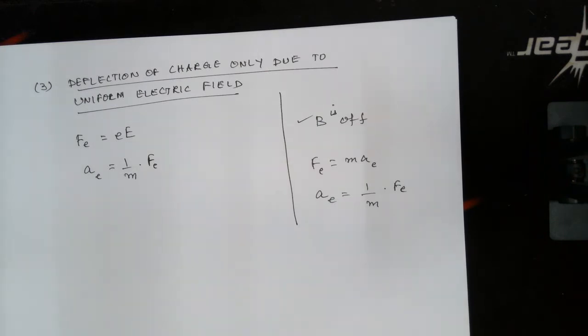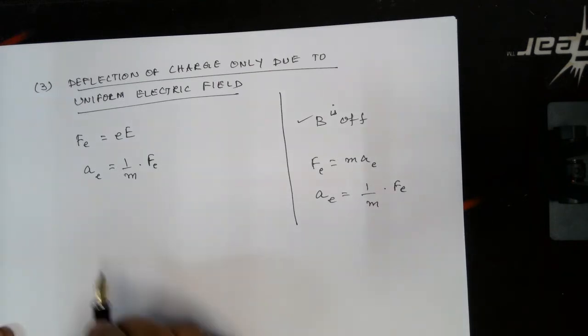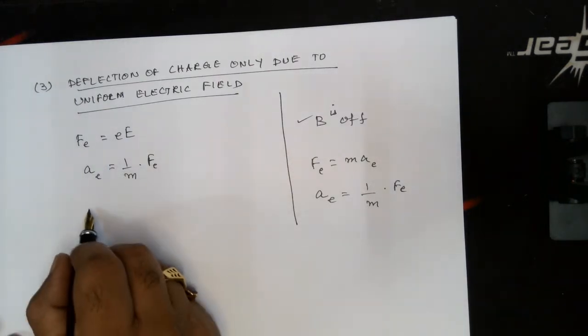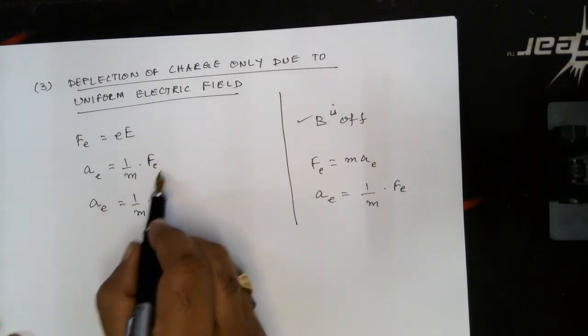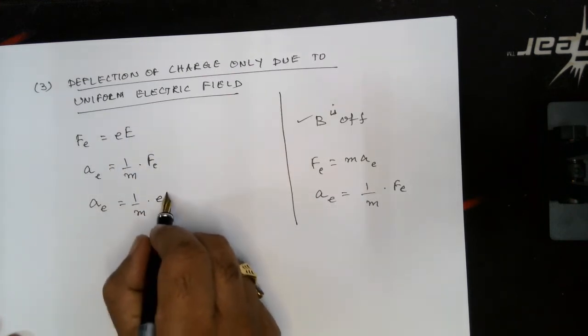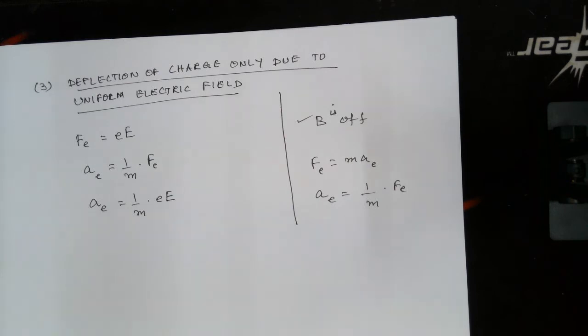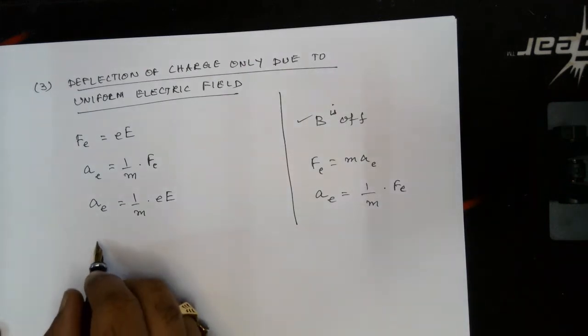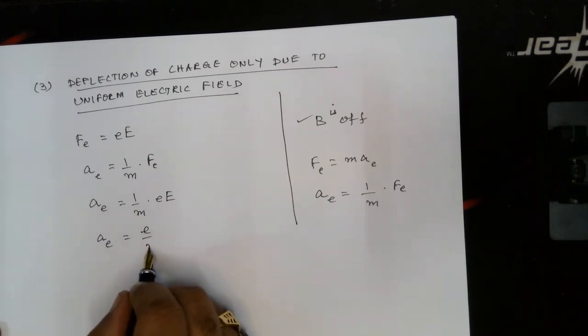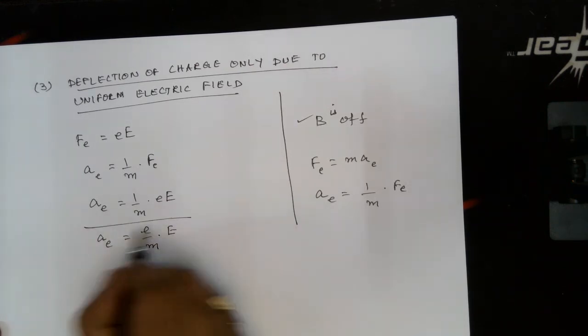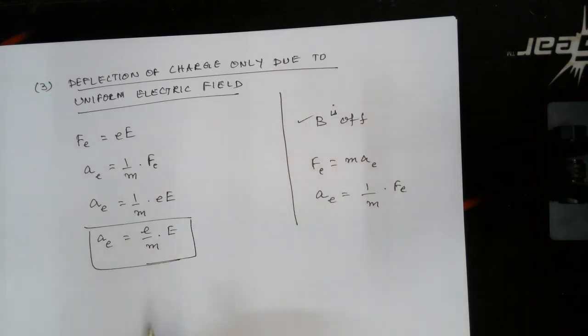Now we can substitute the value of Fe, that is nothing but eE. Therefore Ae is equal to 1 by m into, instead of Fe you can put eE, right? So in that case, the acceleration is now, we can bring the e this side. So Ae is equal to e by m into electric field. We can isolate like this.